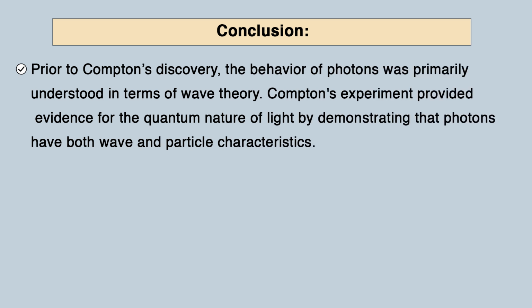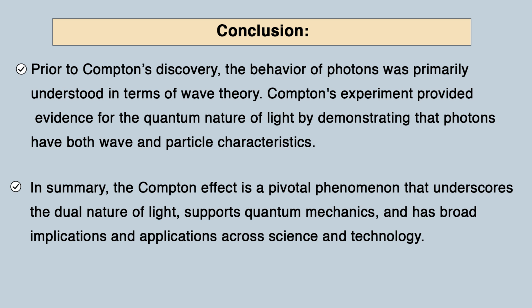Prior to Compton's discovery, the behavior of photons was primarily understood in terms of wave theory. Compton's experiment provided evidence for the quantum nature of light by demonstrating that photons have both wave and particle characteristics. In summary, the Compton effect is a pivotal phenomenon that underscores the dual nature of light, supports quantum mechanics, and has broad implications and applications across science and technology.